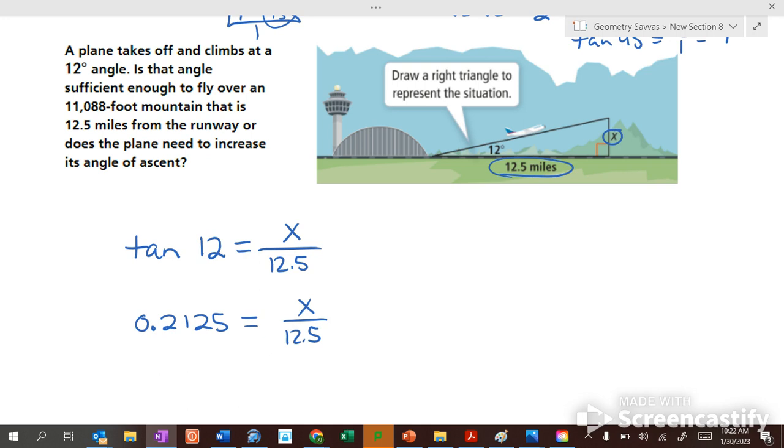Now, what do we do to both sides to get x alone? Not divide by x. You want to get x alone. Multiply by 12.5. So take 12.5 times that, and what do you get for x?